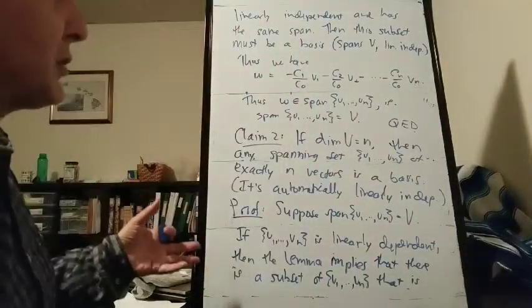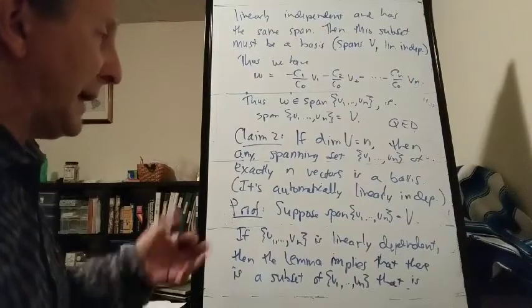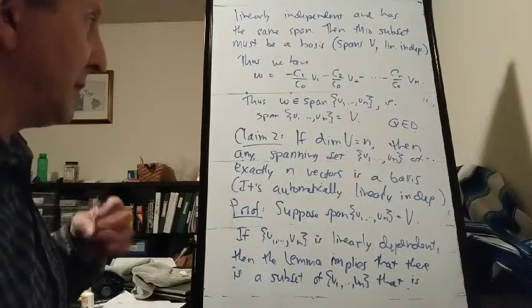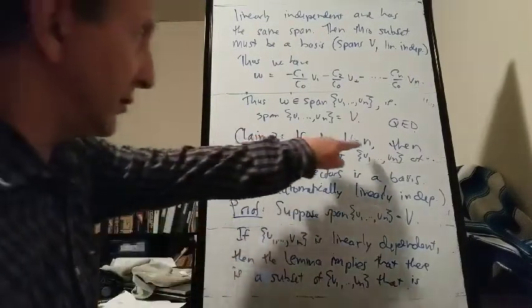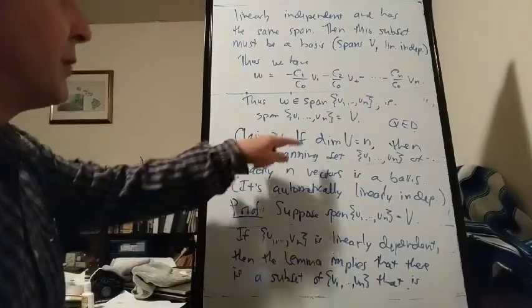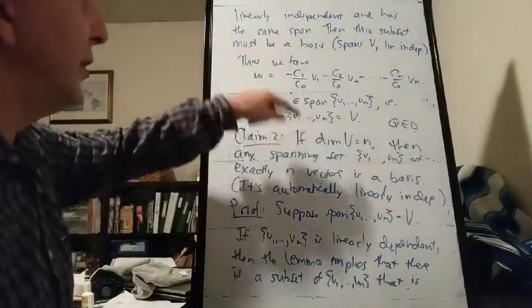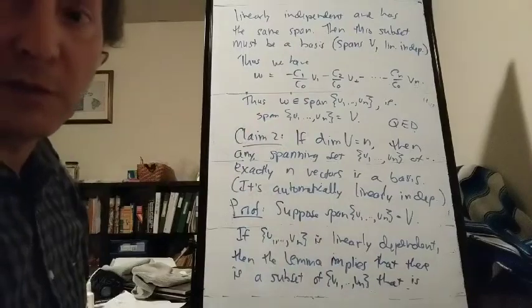Because it spans V and it's linearly independent. But that's impossible because we said in the last video that every basis has the same number of elements, the dimension of the vector space. So we would have just found a basis with fewer elements than the dimension of the space.